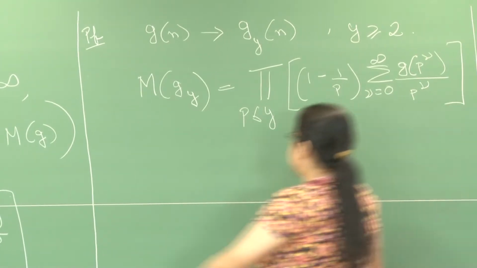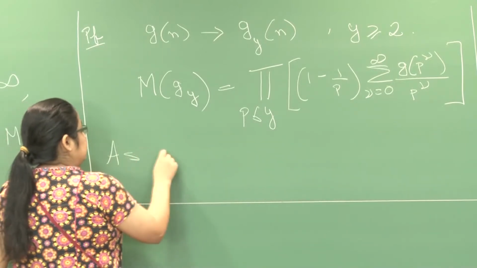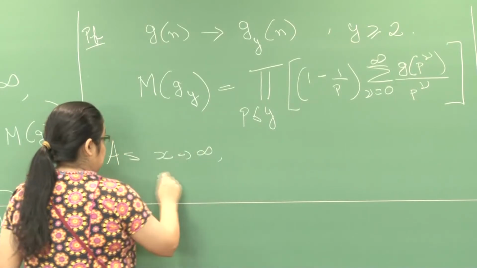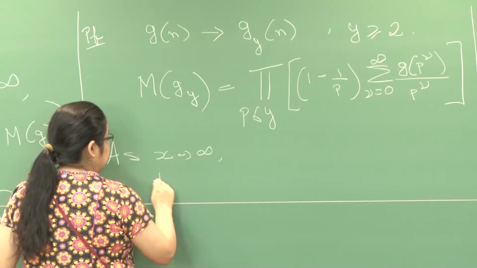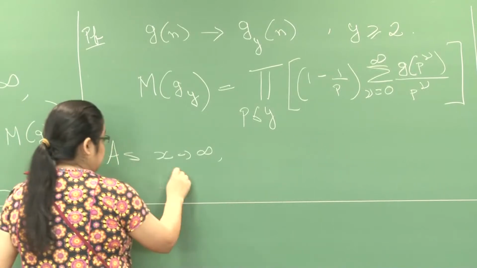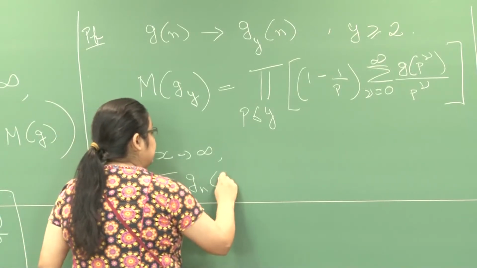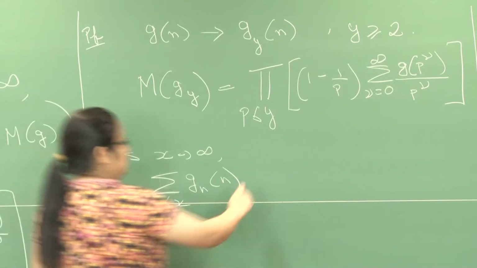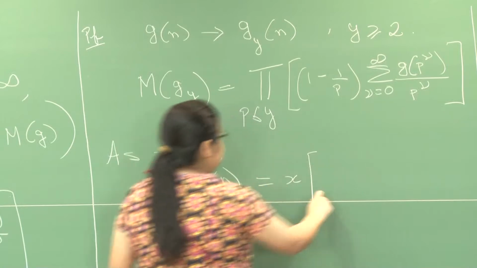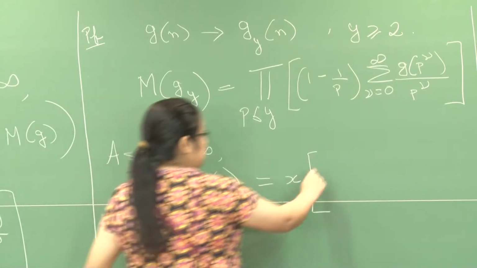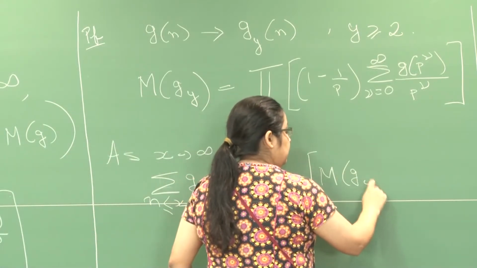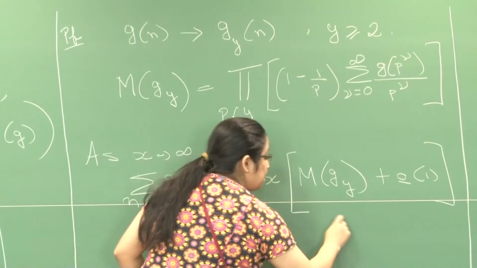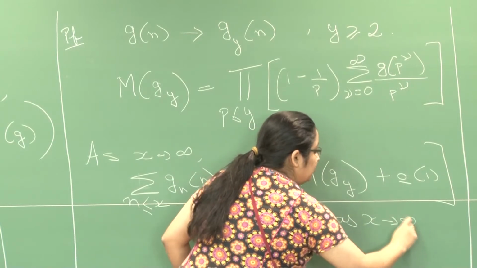In fact, what we showed was that as x goes to infinity, the summation of g sub y of n, n less than or equal to x, is equal to x times this Euler factor plus little o of 1 as x goes to infinity.